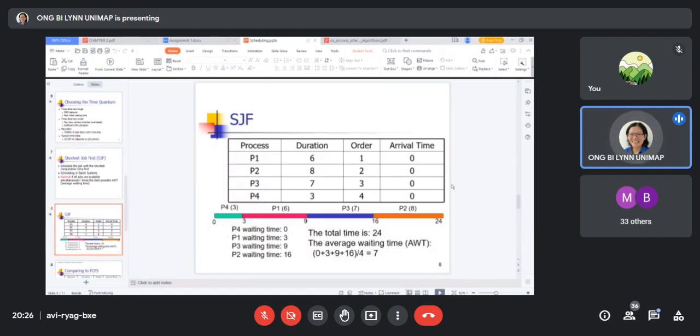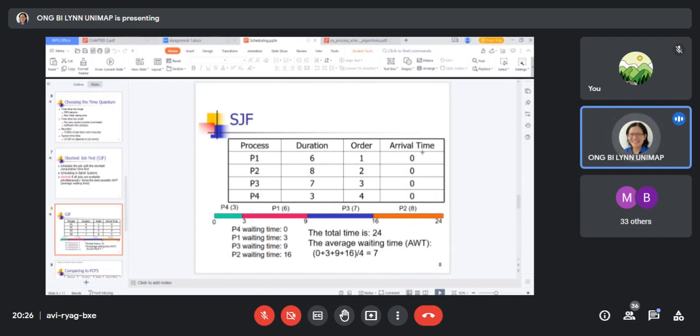In this example, you are going to have 4 processes, P1, P2, P3, and P4, with durations of 6, 8, 7, and 3. All of these come at time 0, 0, 0, 0.